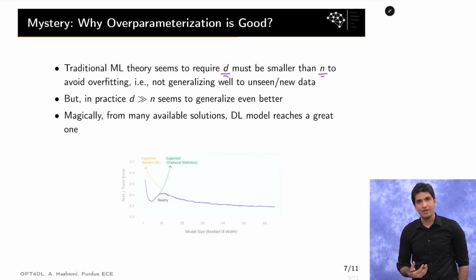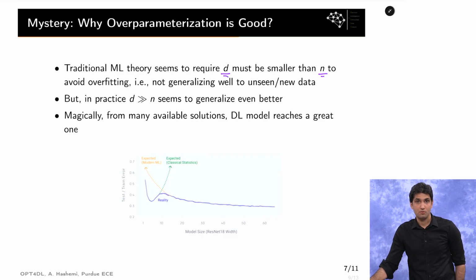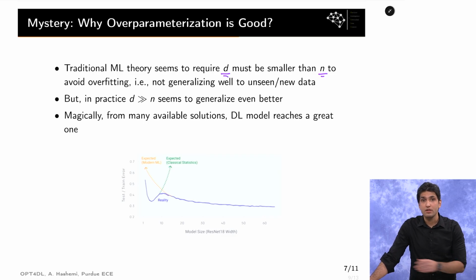The idea is that if d is large, the model becomes too powerful and may overfit the data. That means we are not going to learn useful patterns from the training data to leverage later on new data. We're going to fit the training data very well, but the patterns are not applicable broadly.